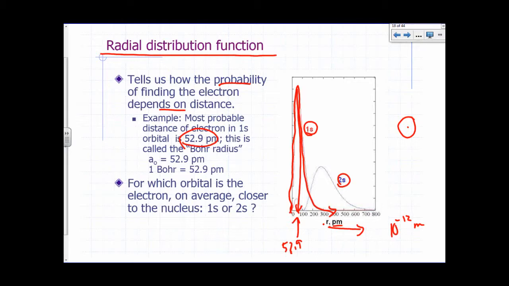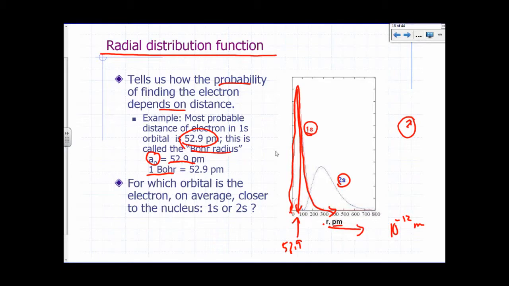Of course, the idea of orbits is not acceptable anymore. But since this was the radius of Bohr's first allowed orbit, this is now known as the Bohr radius. It's given the symbol a0, and that value is 52.9 picometers.